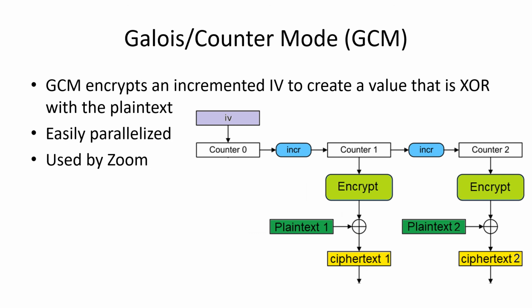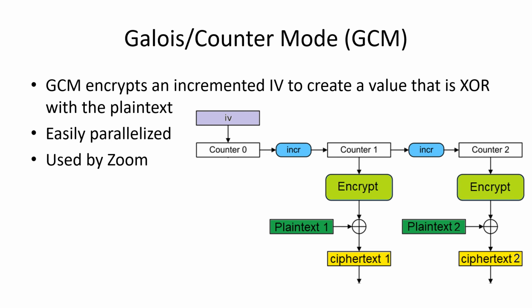The Galois Counter Mode, or GCM, is another means of using an encryption algorithm. This encryption system is used by Zoom to encrypt the data that's sent over the network.